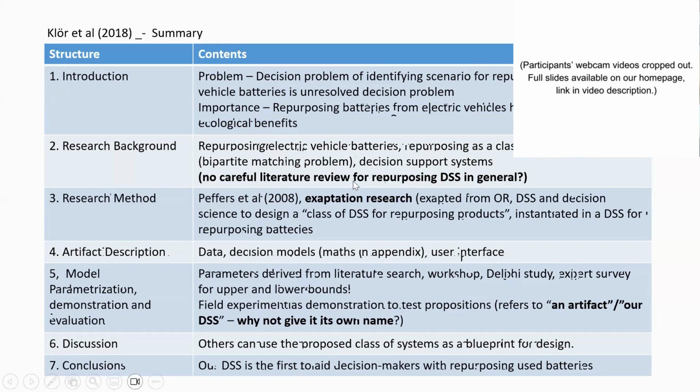Now, I don't want to criticise the article, but this is something I thought when I read it, and this is not uncommon with design science research. They didn't really do a careful literature review for repurposing decision support systems in general. So that's their class of problem. So you might have thought that they'd looked at a good literature review of that area.